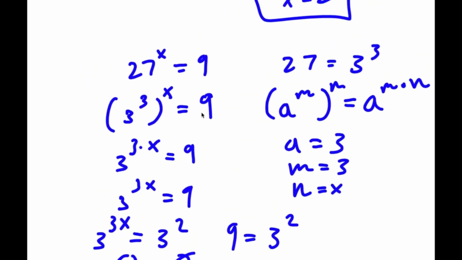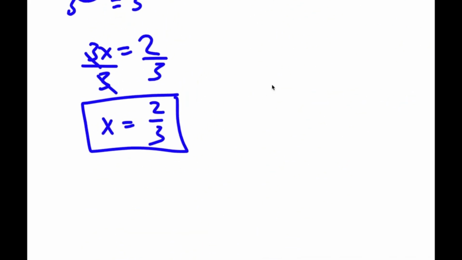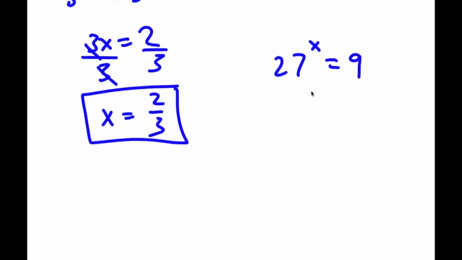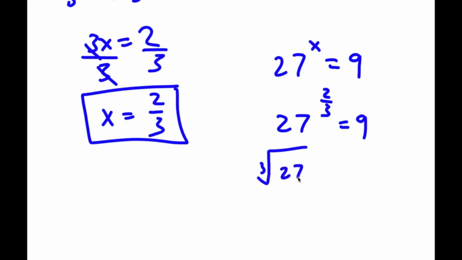Now to check, I'm going to plug x equals 2 over 3 into the equation 27 to the power of x equals 9. So now I have 27 to the power of 2 over 3 is equal to 9. Now 27 to the power of 2 over 3 is the same thing as the cube root of 27 squared.